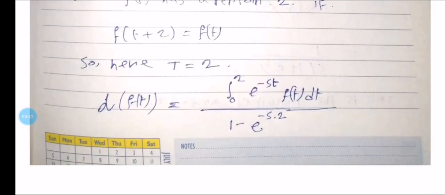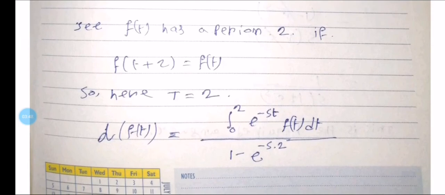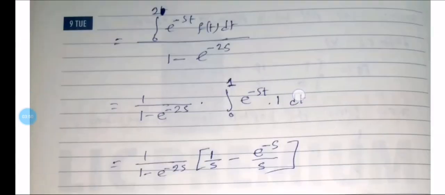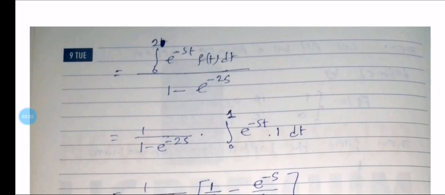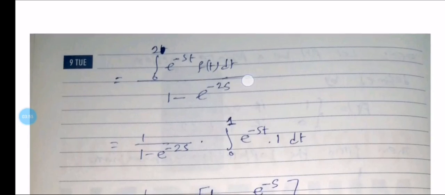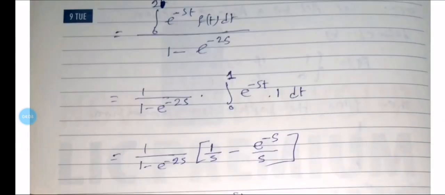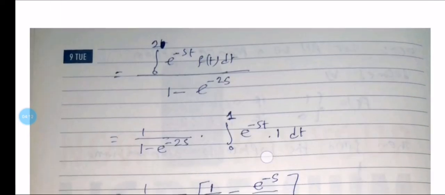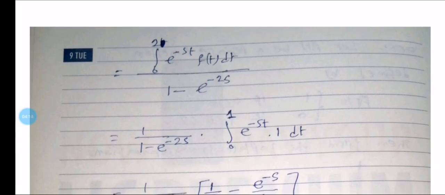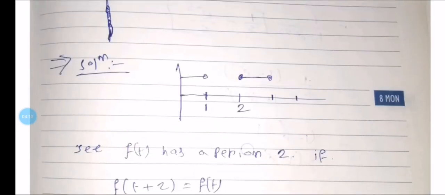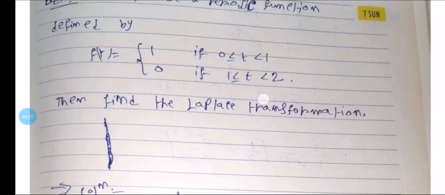So the Laplace transform of f of t is given by this formula. Put capital T equal to 2. So integration 0 to 2 of e to the power minus st f of t dt by 1 minus e to the power minus 2s. That is 1 by 1 minus e to the power minus 2s, integration 0 to 1 of e to the power minus st into 1 dt, because between 0 and 1 the value of f of t is 1, and between 1 and 2 it is 0.